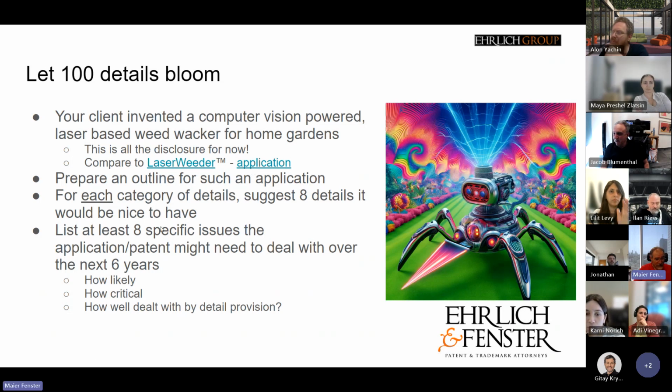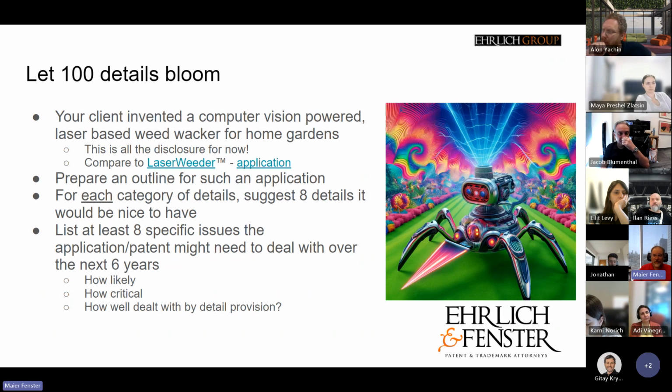And here's, as a mental exercise, how we deal with it. You try to prepare an outline for the application, and for each one of the categories of details we had below, suggest 8 details that would be nice to have. And in order to complete the picture, list 8 specific details that the application or the patent would have to deal with, and how will providing details help us deal with that.